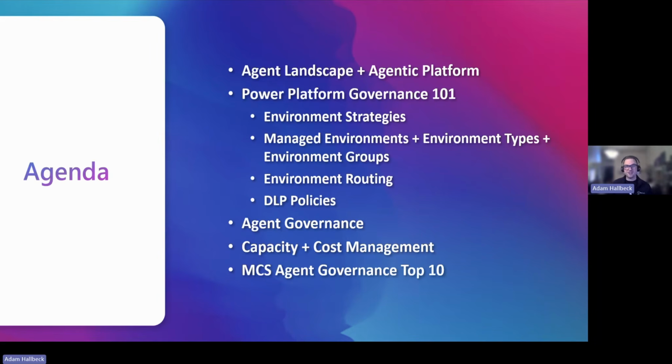It's a lot. So how can we make some sense of this, leading into that core governance conversation, then into the agent governance? When it comes to agents and Copilot Studio specifically, what should we be mindful of? What are those controls, and how do we traverse this conversation? We'll then cap off with capacity and cost management.